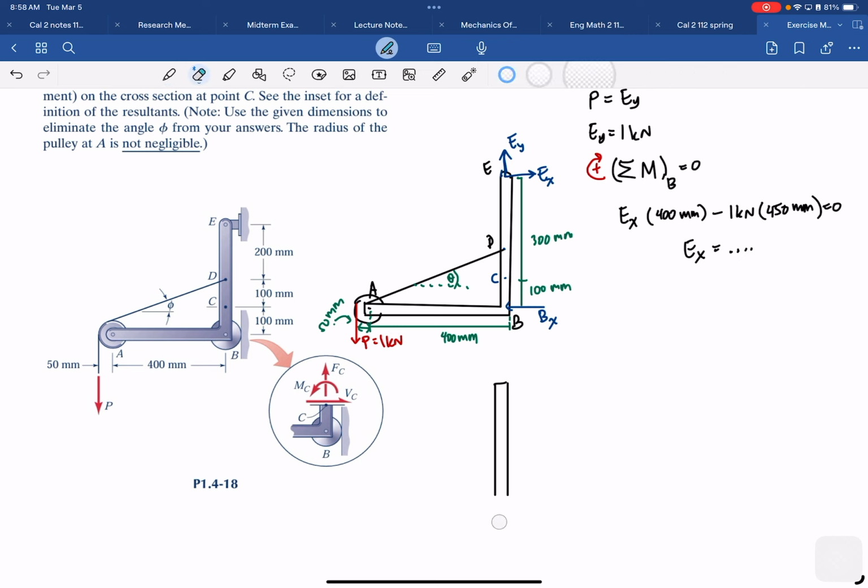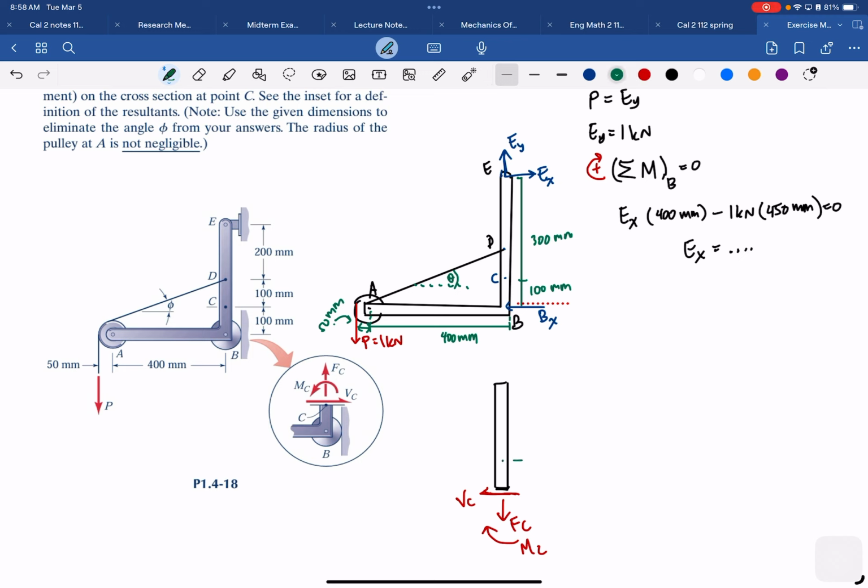So let me make it small. So we cut here. So imagine this is C. We get this is shear force. Let me just make it like that. So this should be going over there. Make a similar opposite direction of the nodes. So this will be VC, FC, and the moment C.